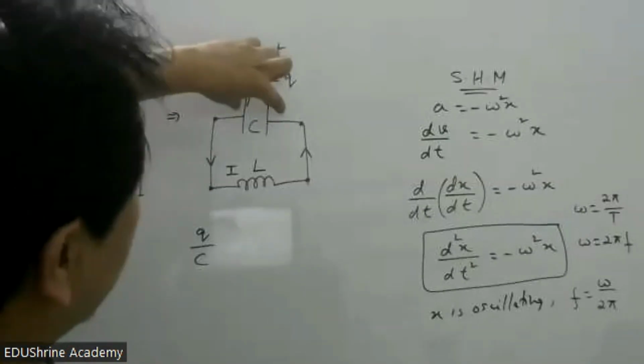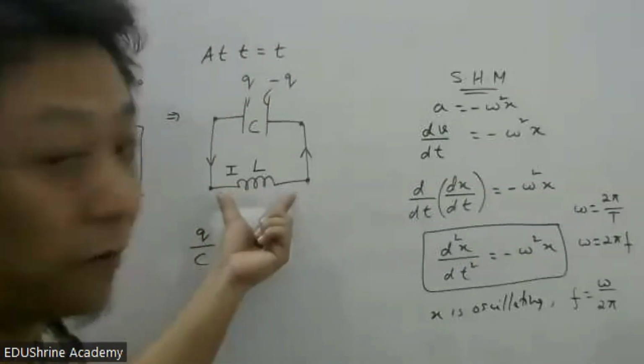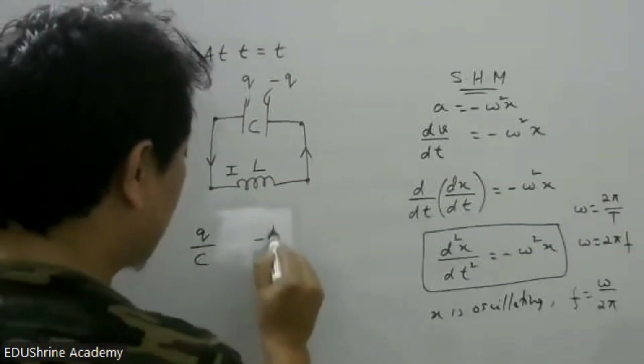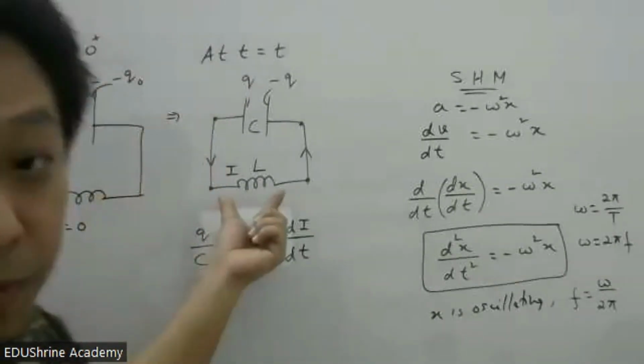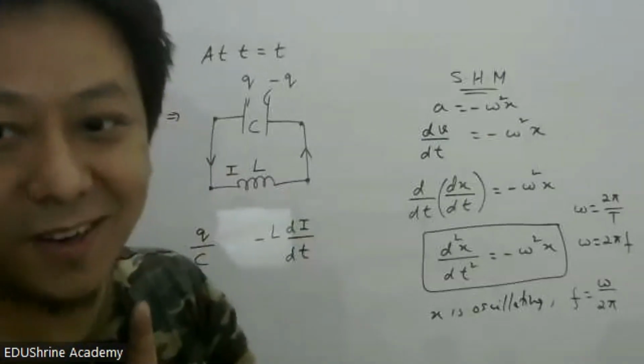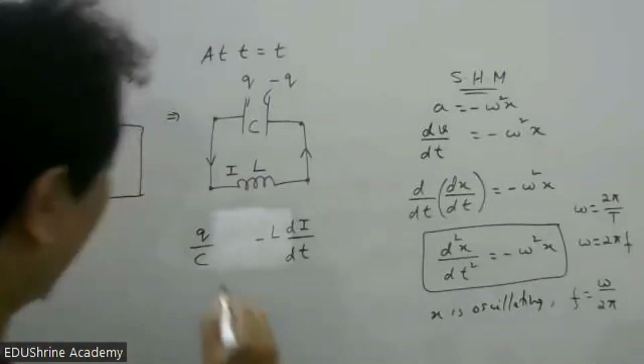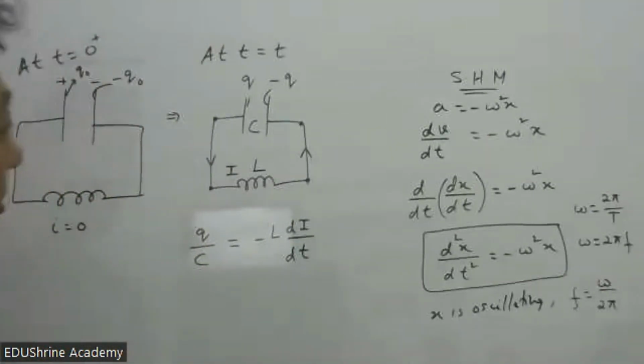Now voltage here is Q by C. Voltage here, if you remember, was minus L di by dt, which is nothing but the EMF induced here. Remember or forgot? You know that those two should be equal because they are in parallel, right?